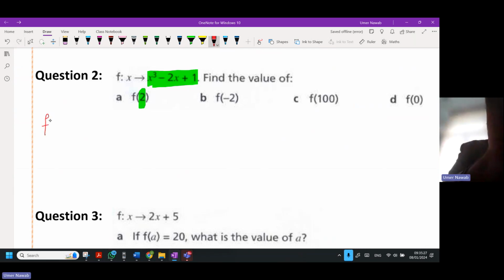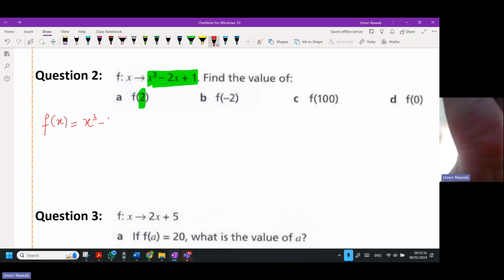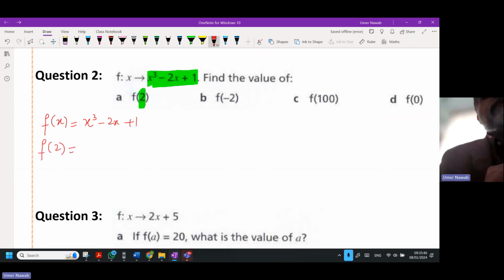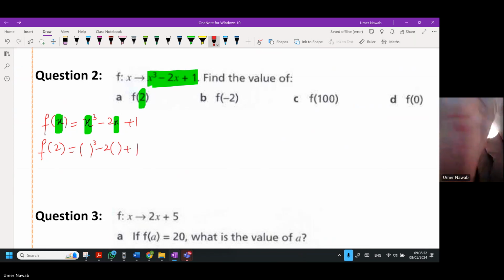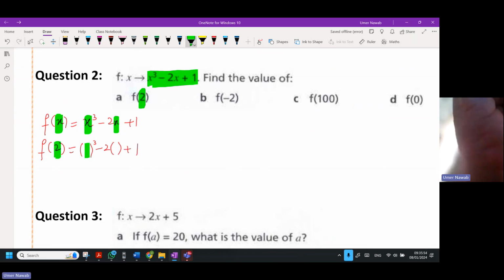I need to copy the function. f of x is equal to x cubed minus 2x plus 1. f of 2, and in the place of x, you have to write 2. Before that, leave the bracket open and close, and then copy 2 there.